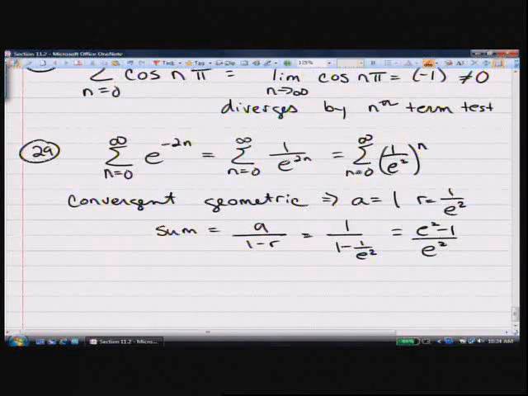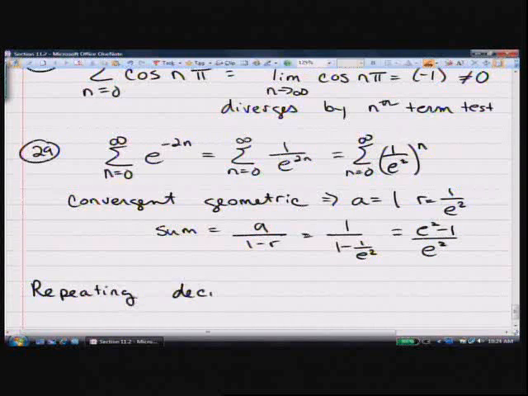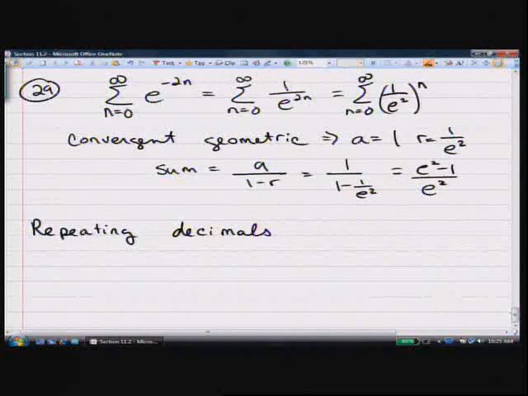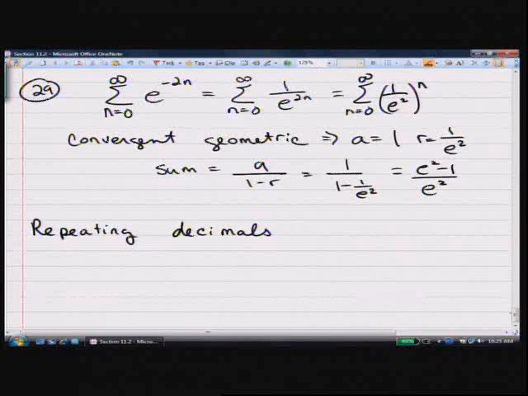And then let's look at just one more idea, which is this idea of repeating decimals. It turns out that you can write a repeating decimal as a geometric series.